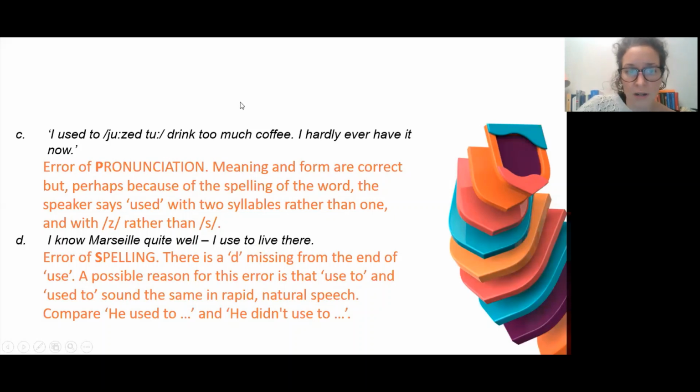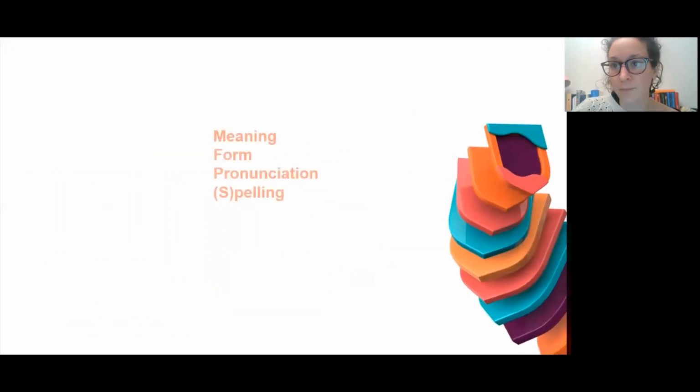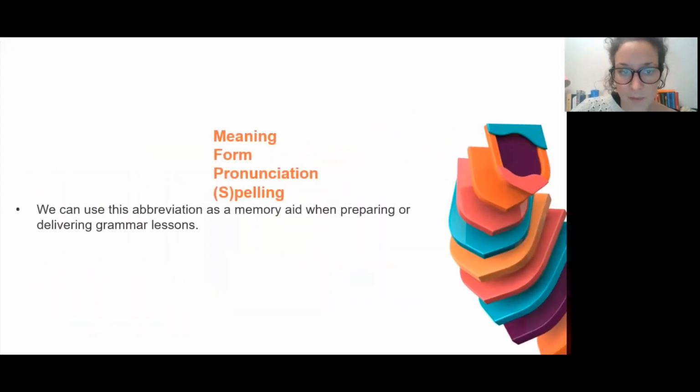These two, pronunciation and spelling, are not that much about grammar itself. It's also about vocabulary learning, right? But still, there should be some space for teaching those. Now, meaning, form, pronunciation, and spelling.